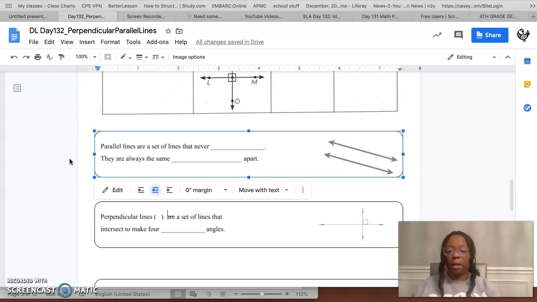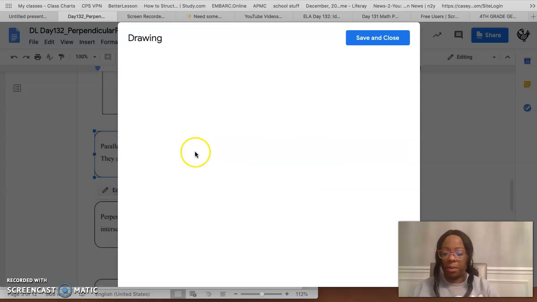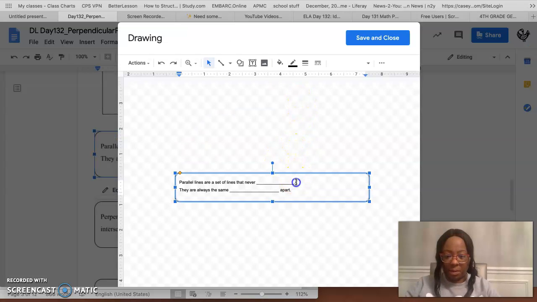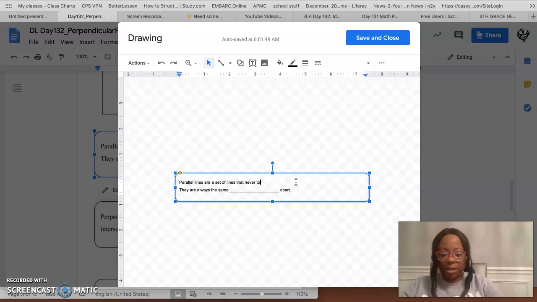When we are talking about parallel lines, they are a set of lines that never touch. They are always the same distance apart. So again, they are lines that never touch, and they are always the same distance apart.